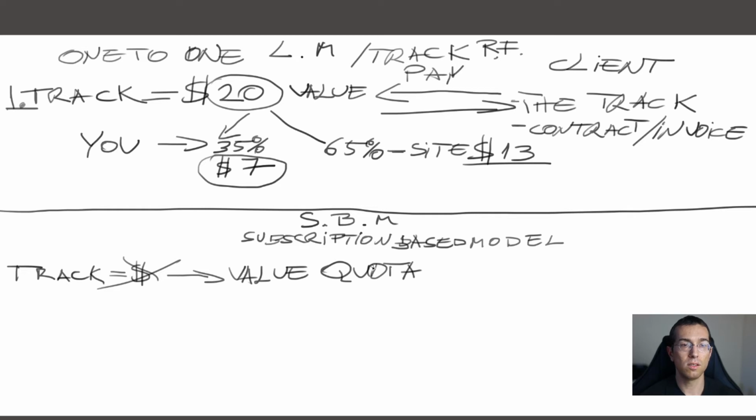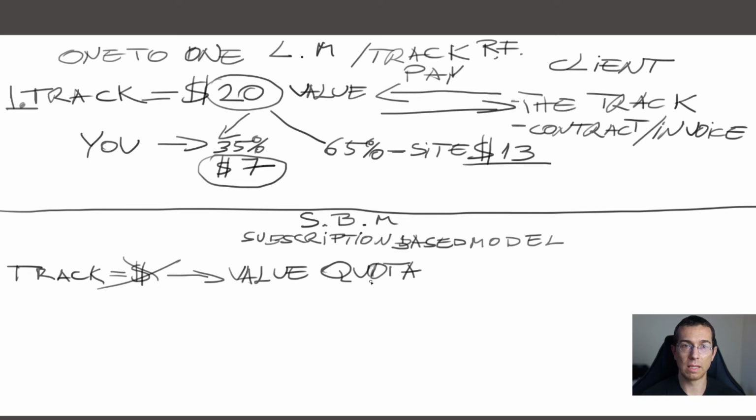So what is a quota? A quota is a part of something. It's like, let's say, a stock on a stock exchange market. Even though the stock already has a price, you know that price is fluctuating every day, it can change. So it's the same with the value of the track.